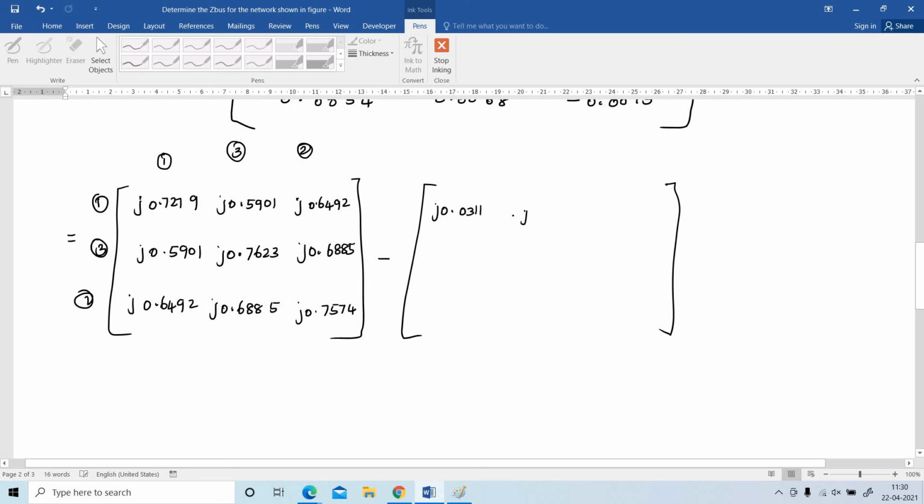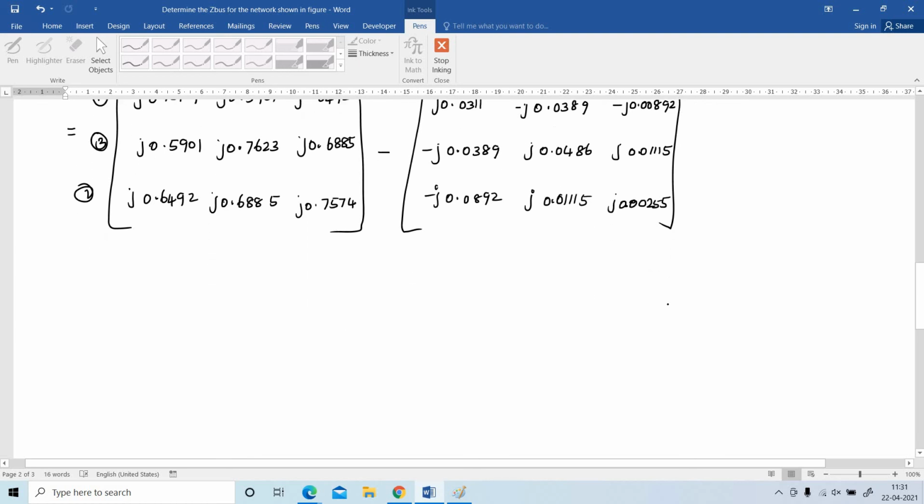0.0311, minus J 0.0389, minus J 0.00892. Then minus J 0.0389, J 0.0486, J 0.0115, minus J 0.0892, then J 0.0115, J 0.00255.